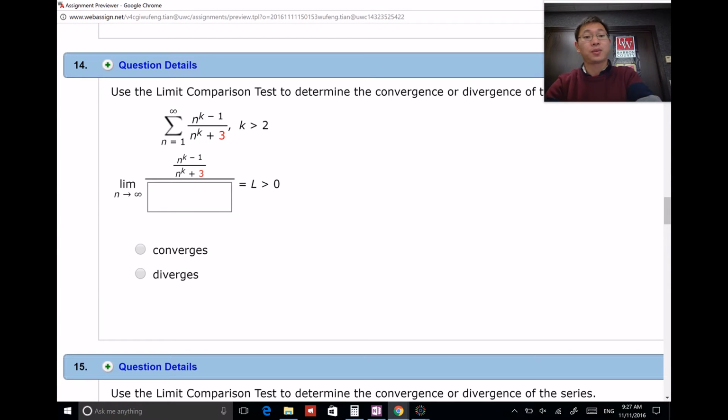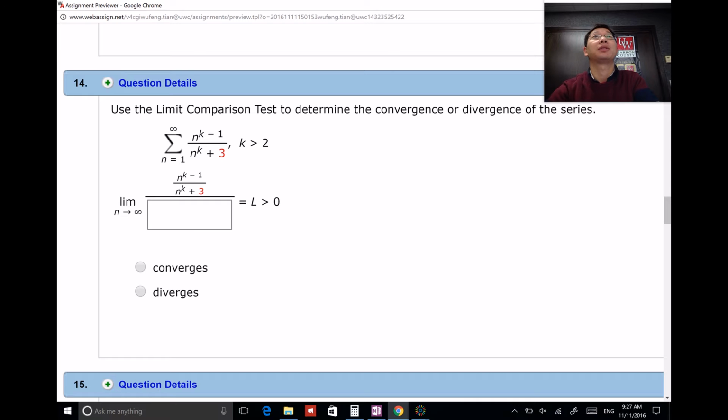Comparison test. This one, I'm going to ask a student here again. Nicholas, could you please tell me if this one converges or diverges?